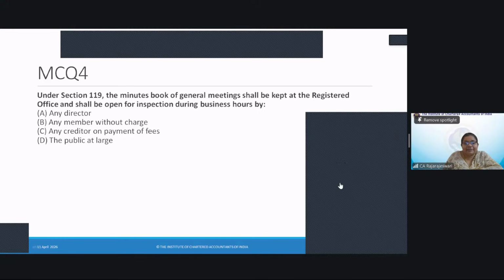Why public at large? Can they inspect the minutes? It is between the shareholders or the members and the company, right?